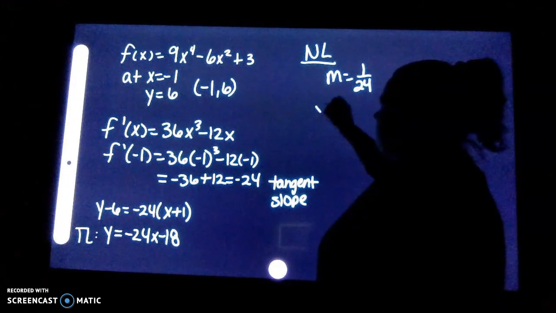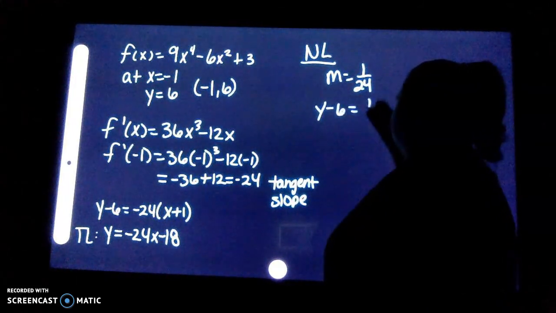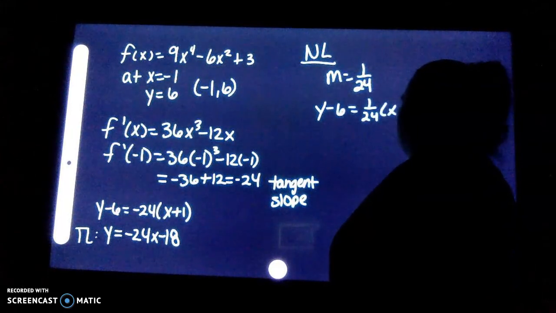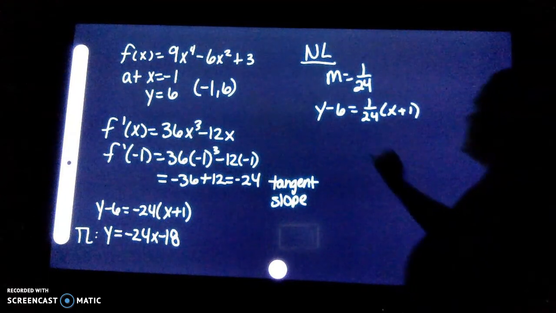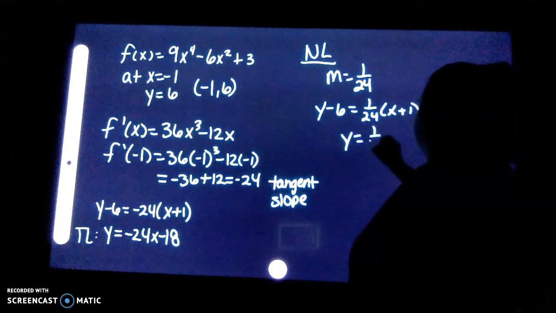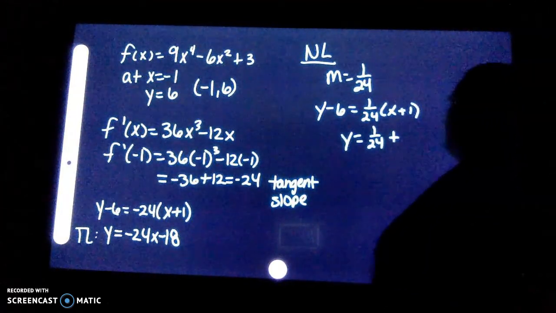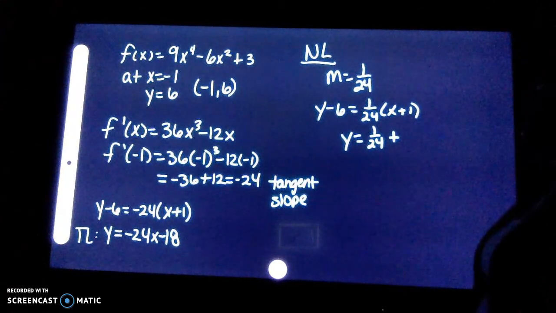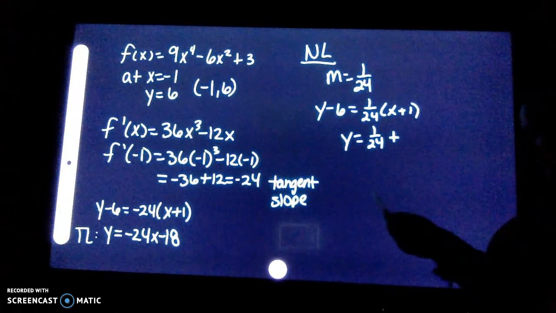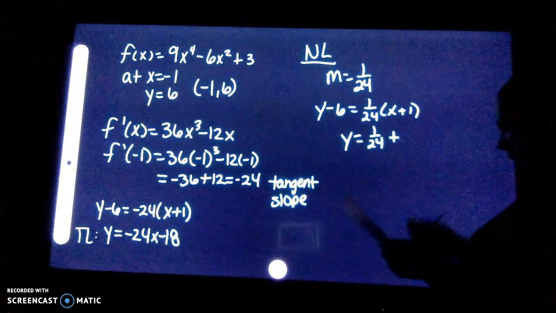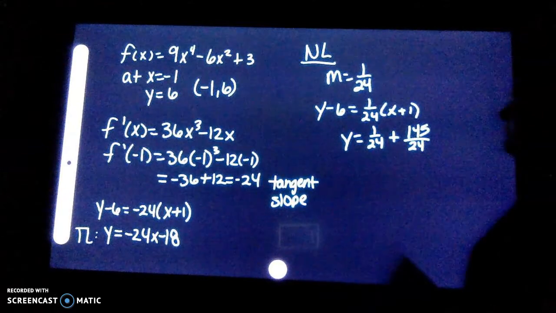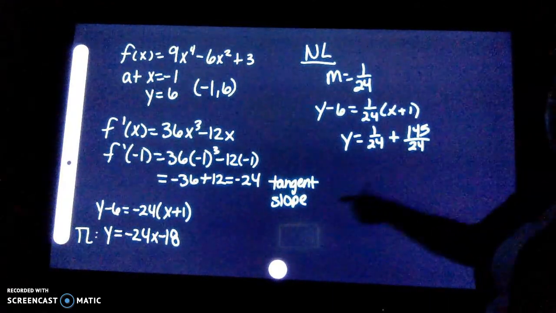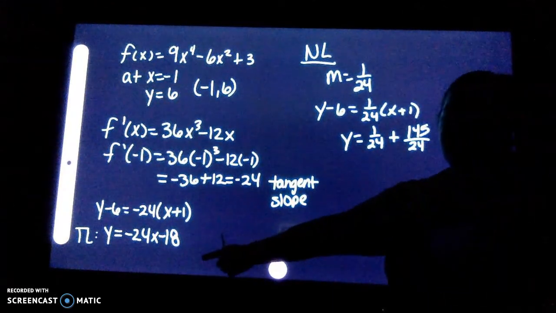And then I do my point slope form, combine like terms and get into slope intercept. 1 over 24 times 1 is just 1 over 24, plus 6 is going to give me 145 over 24. This is my normal line. This is my tangent line.